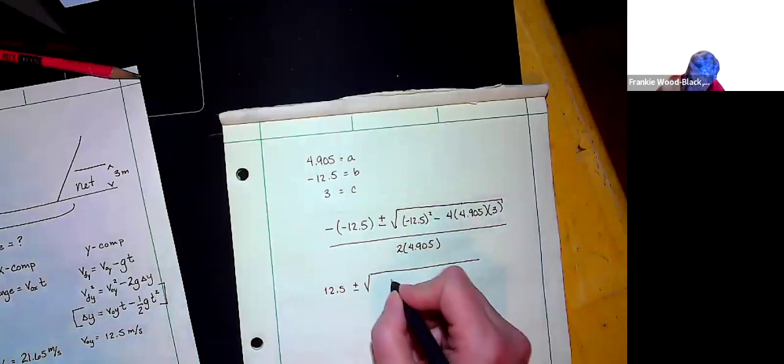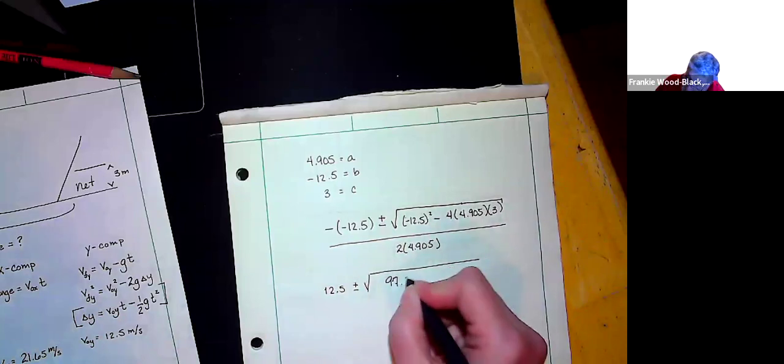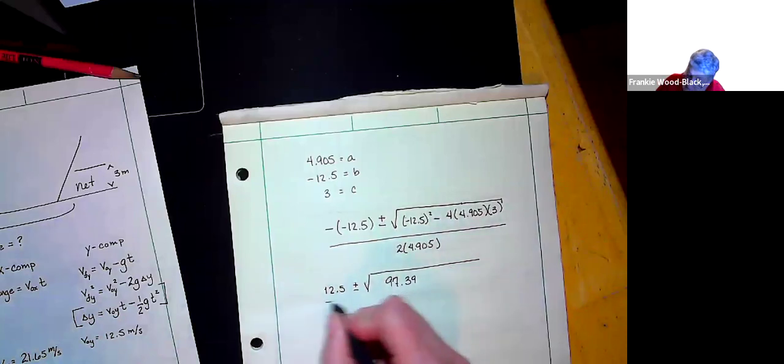and I have this as 97.39 divided by 9.81. So I'm going to get 12.5 plus or minus 9.87 divided by 9.81.